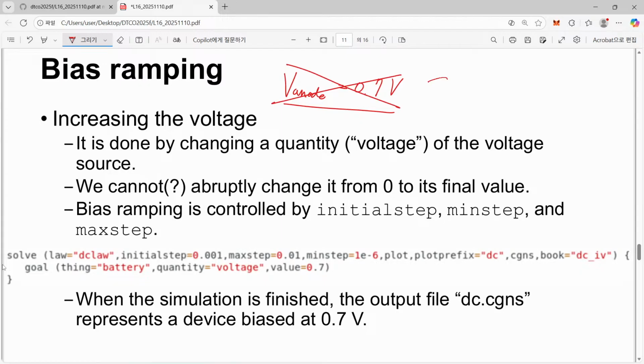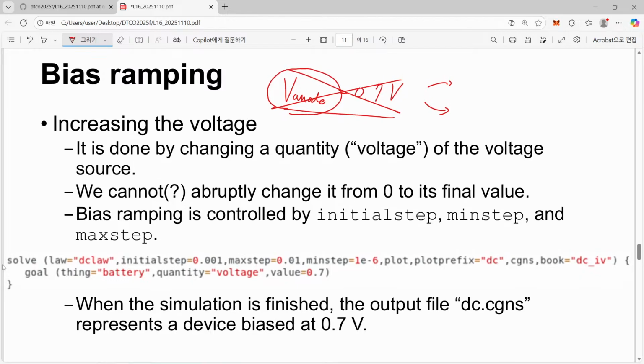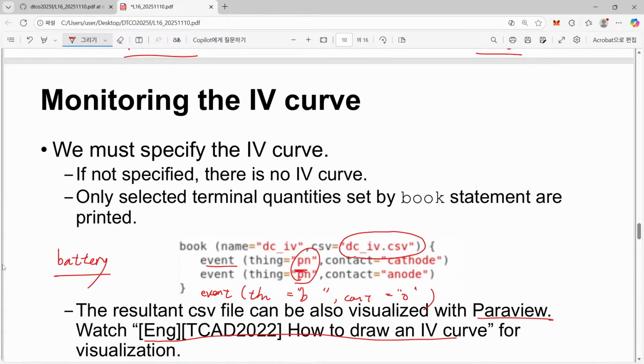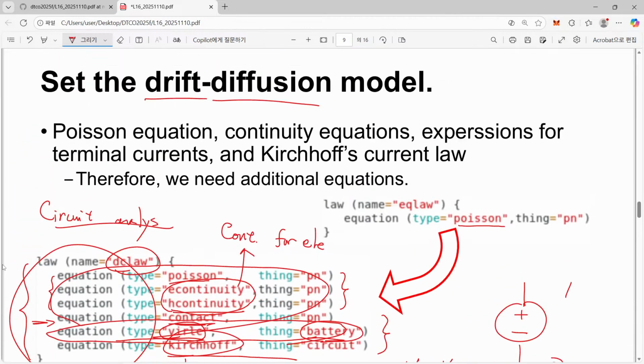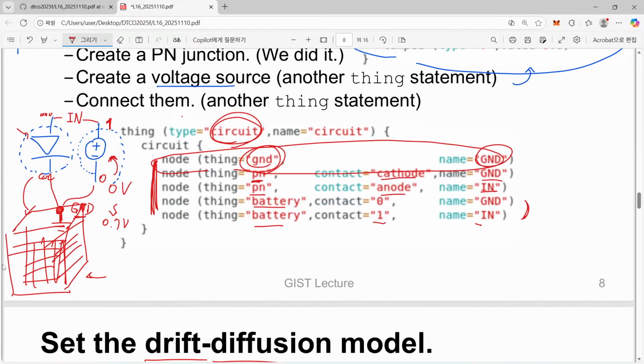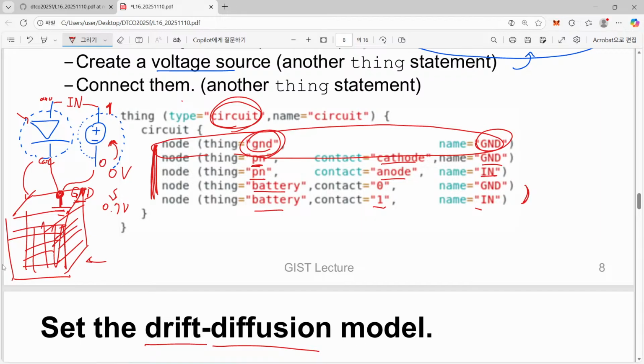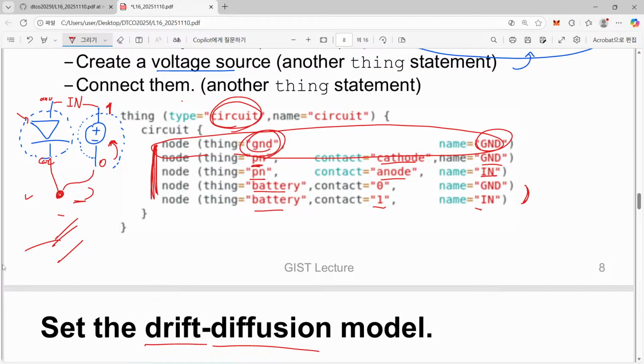There is no way for us to directly change this anode voltage. In this circuit, we cannot directly say that this voltage should be 0.7.